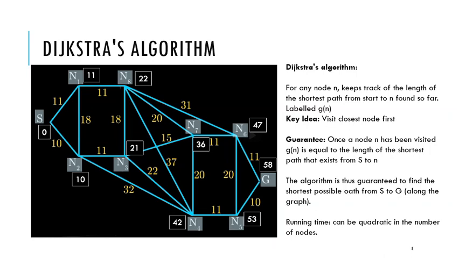Anytime you update the g of n for a neighbor, you mark the node that you are coming from. So you mark an arrow over here that you're coming from here, taking this shortest path. Similarly for n6 you take this, similarly for n7 you take this. Like this you mark some arrows.